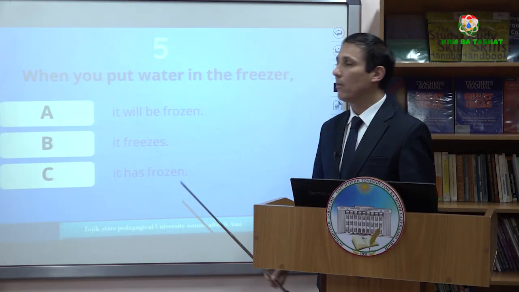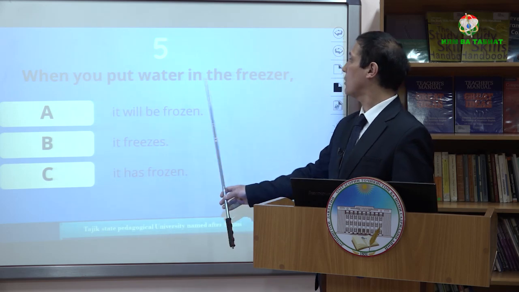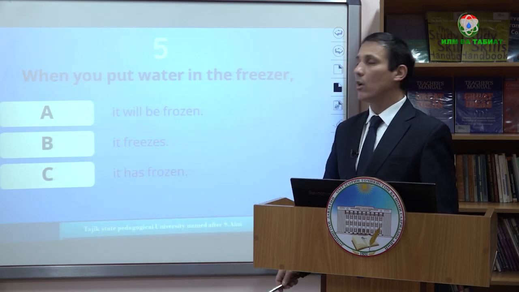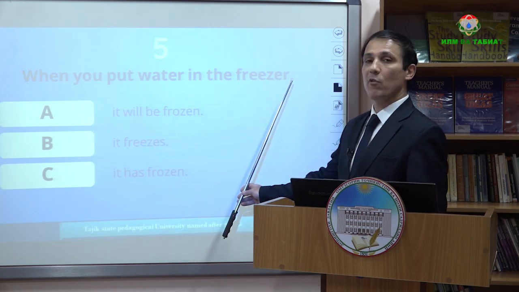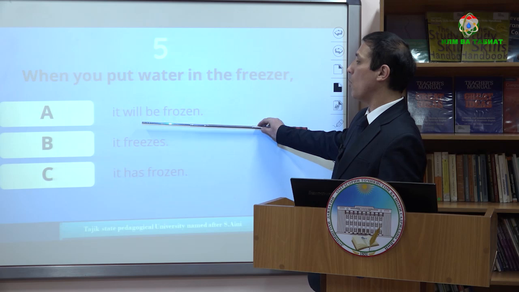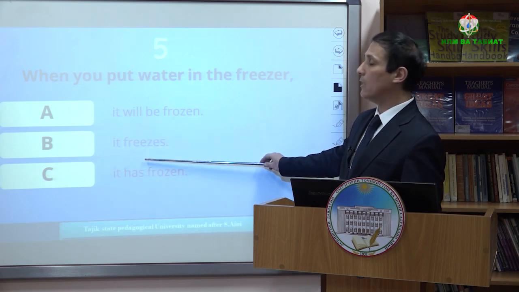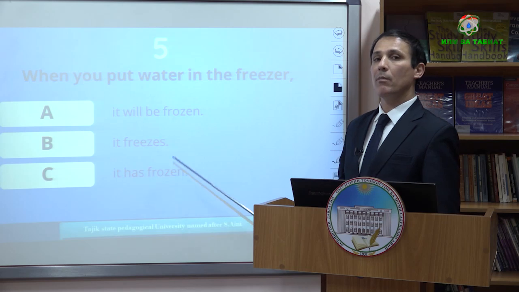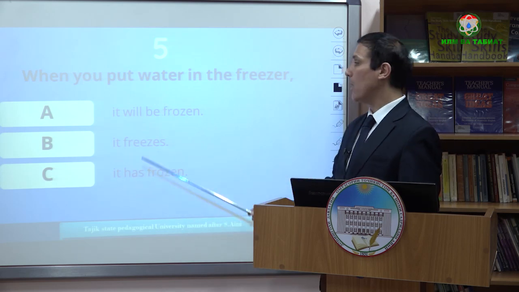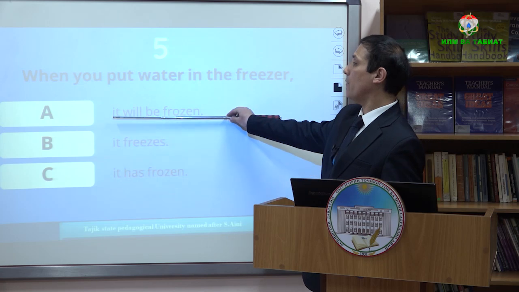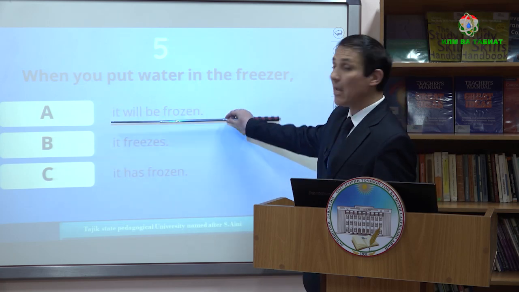Okay, next example is, when you put water in a freezer, what will be? If anyone puts water in a freezer, it will be frozen. It freezes, it has frozen. Here is about some English tenses, but you have to choose the correct variant of English tenses for these sentences.